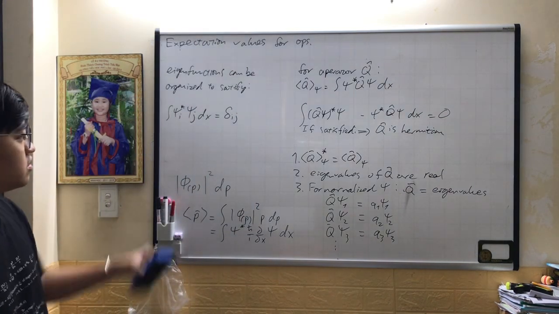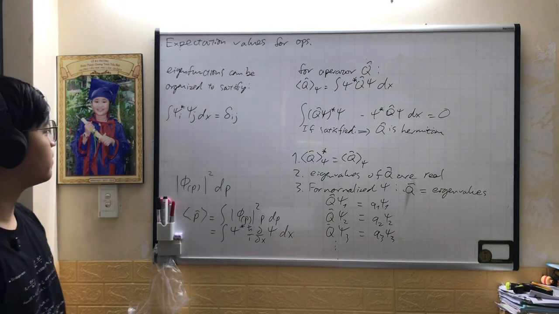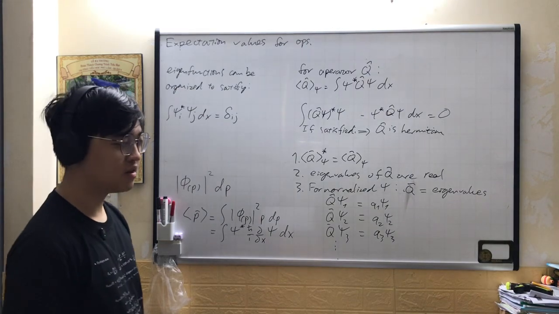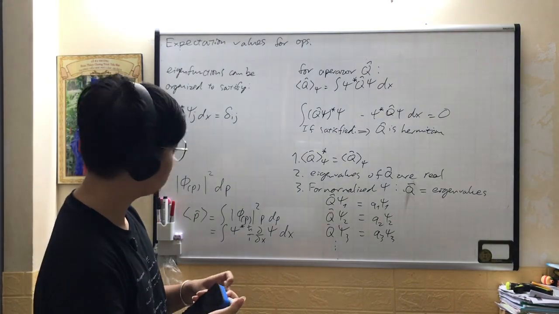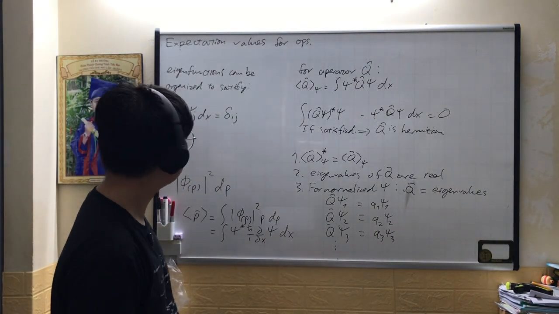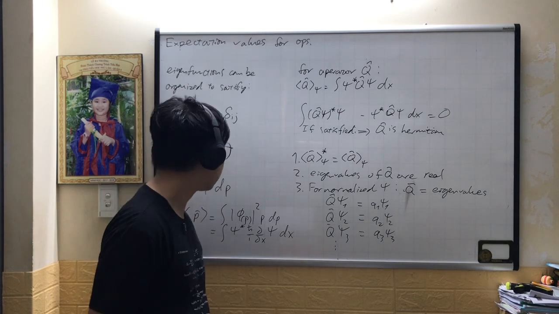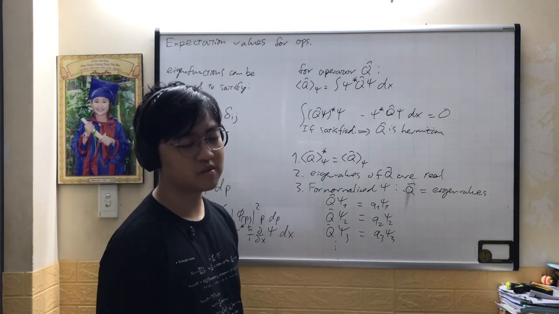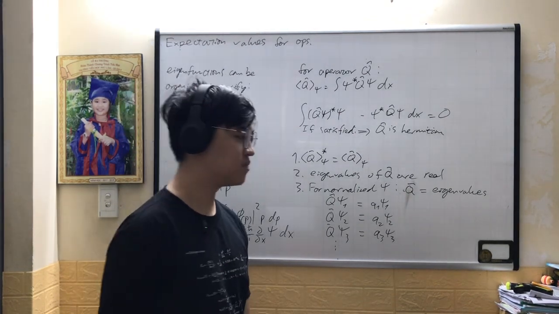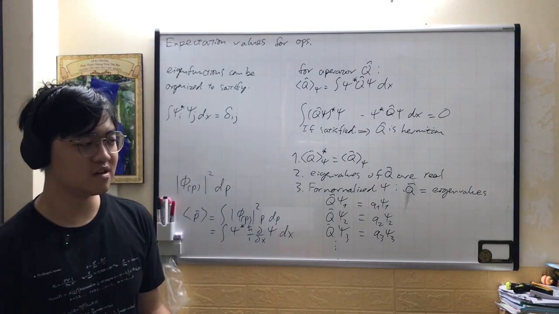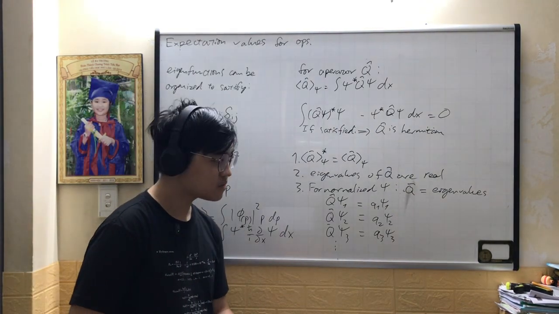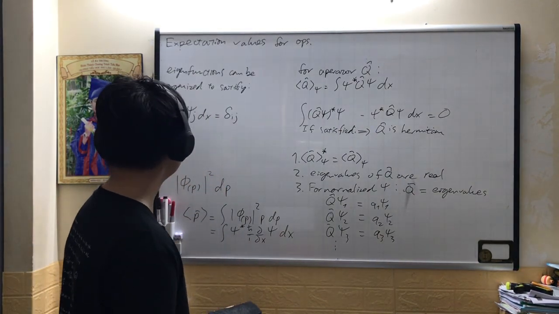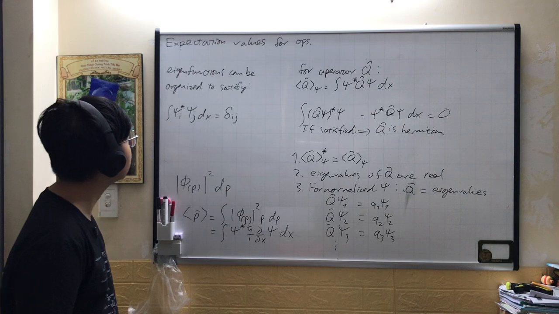This would ensure that if i and j are different, the solution would be 0, and if they are the same, the solution would be 1. That is what the Kronecker delta does. So this is the orthonormality.